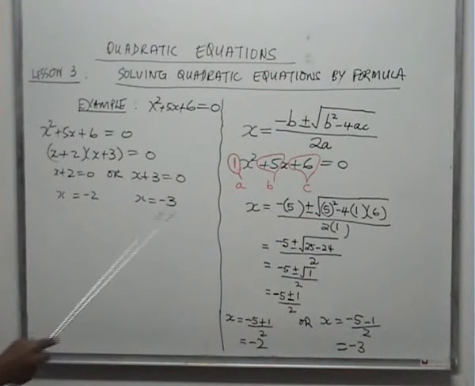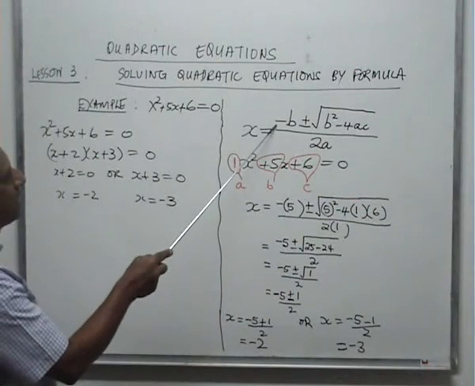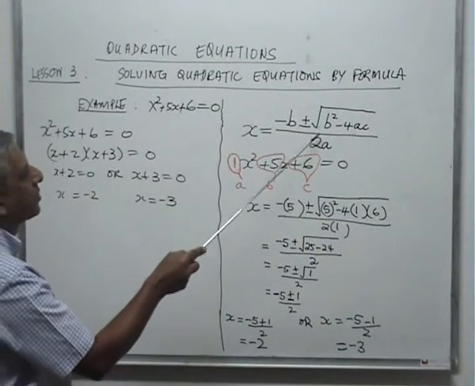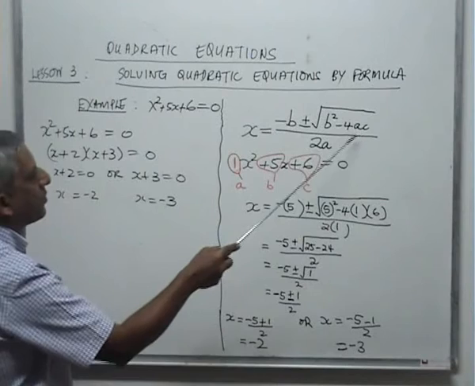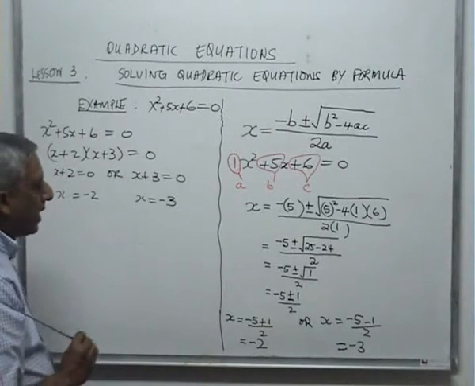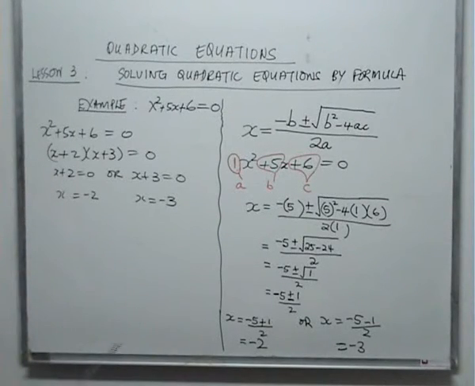But if I can't factorize, I'm going to use the formula. Alright, so that's the formula. X is equal to minus b plus minus the square root of b squared minus 4ac all over 2a. Alright, so I'm going to do a few examples using the formula, and then I'll give you a little exercise to apply the formula.